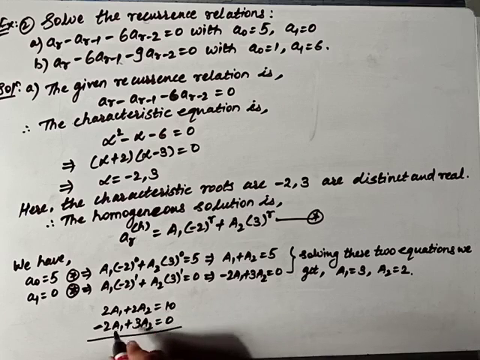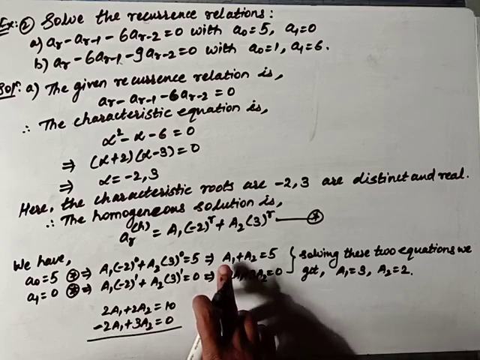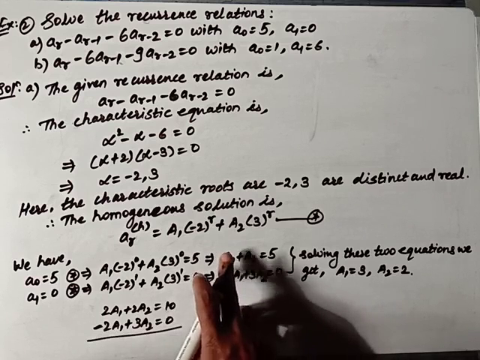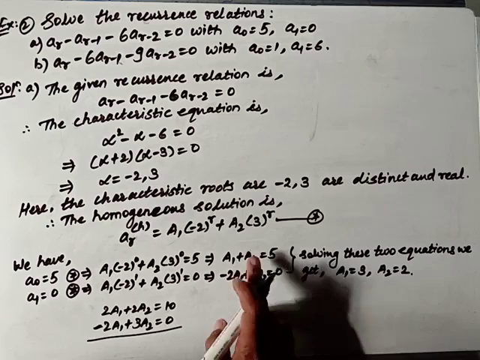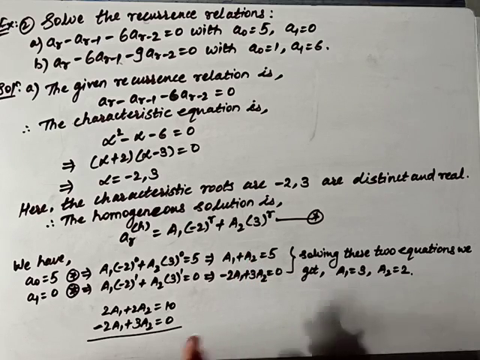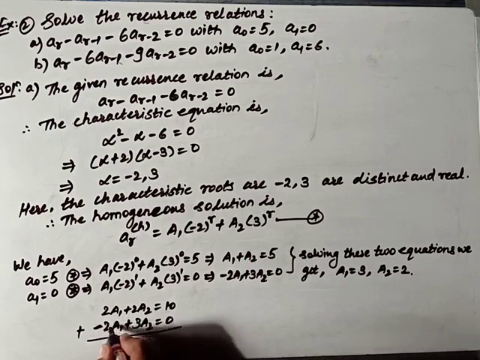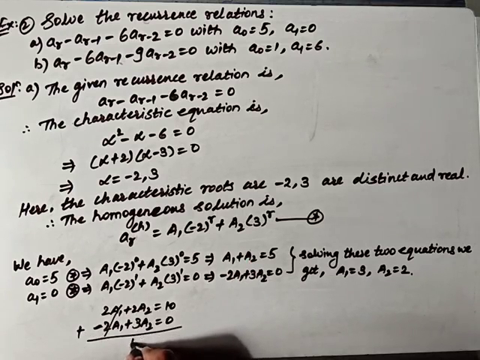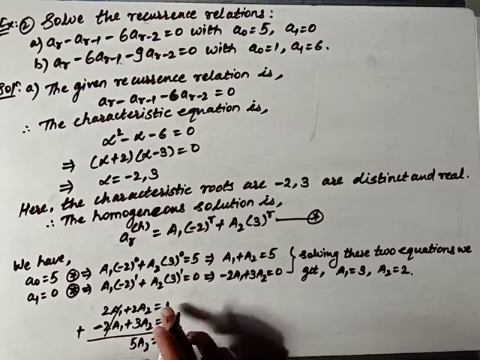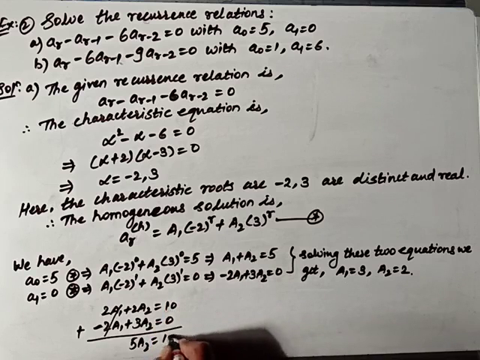Now look at here, why I have done it. This is minus 2. If I do plus 2 here and add them, a1 gets cancelled. Simply a2 will remain. This is the elimination method. So simply we will add them. These get cancelled. Here it will become 5a2 and this will be 10 plus 0, which is 10.